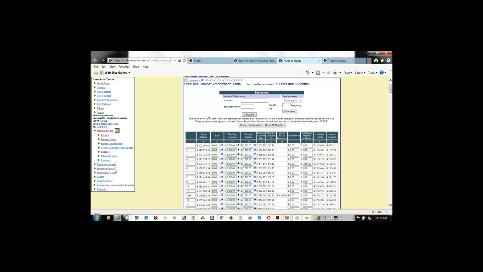My recommendation 9 out of 10 times when we're picking up a rental property is we're going to utilize the HELOC for a down payment, and we're going to get conventional financing for the rest of it, and just strategize and attack everything as prescribed.